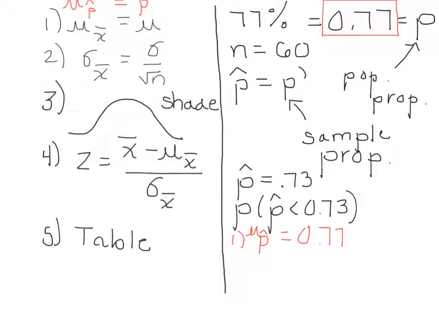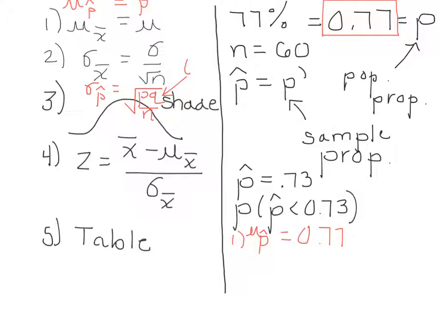Step 2, we know, is to find the standard error of our sampling distribution, and with means that was sigma over root n. With proportions, we take the square root of p times q over n.